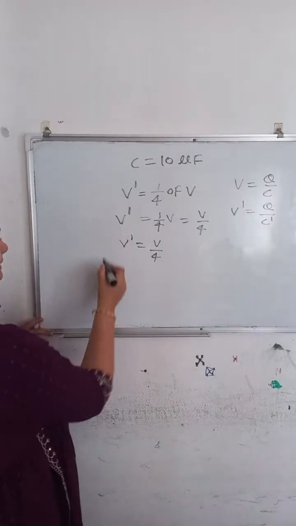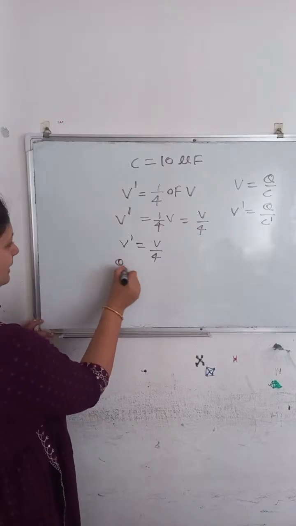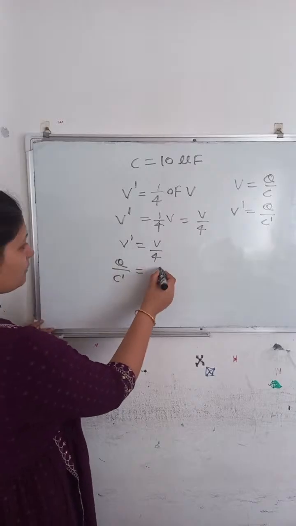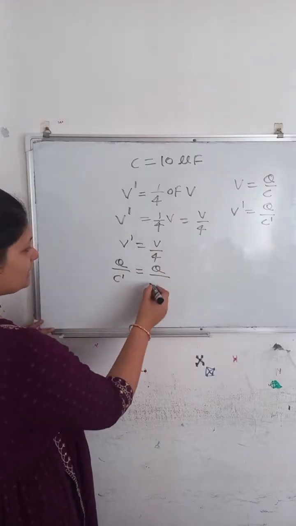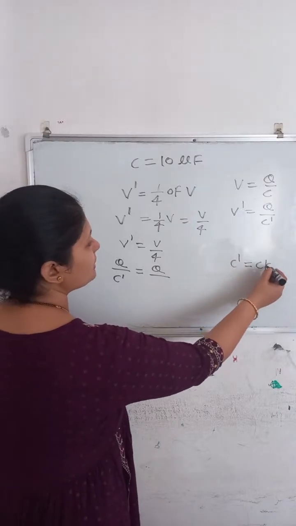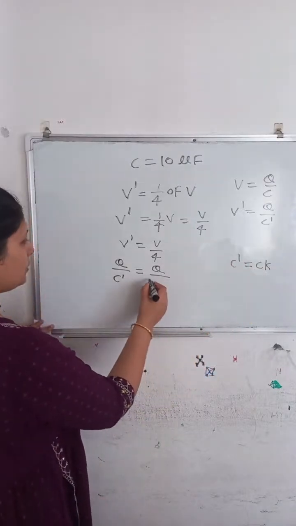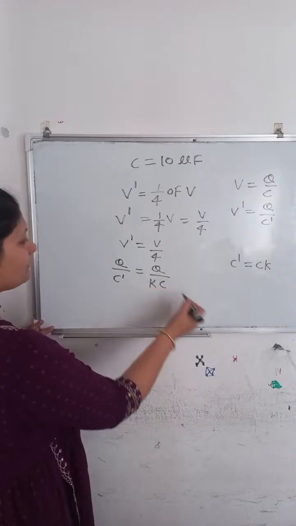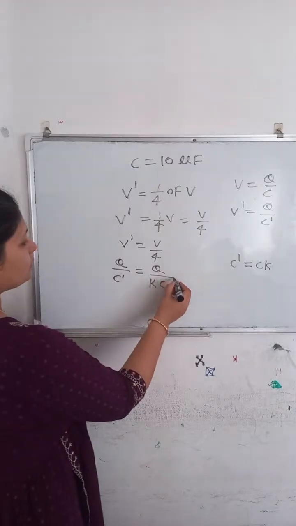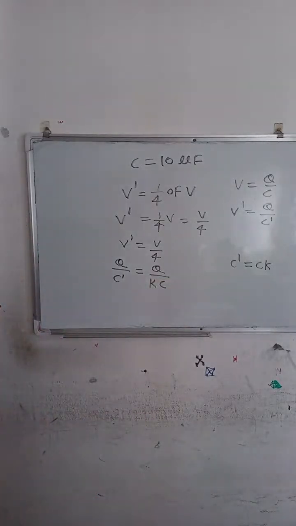V dash is nothing but Q by C dash, and V is nothing but Q by C. Then we can take this formula, C dash is equal to K times of C. So I will write here K times of C. Okay, can you get this? And once you get this, then what can you do? Q gets cancelled, but C dash and C will remain.